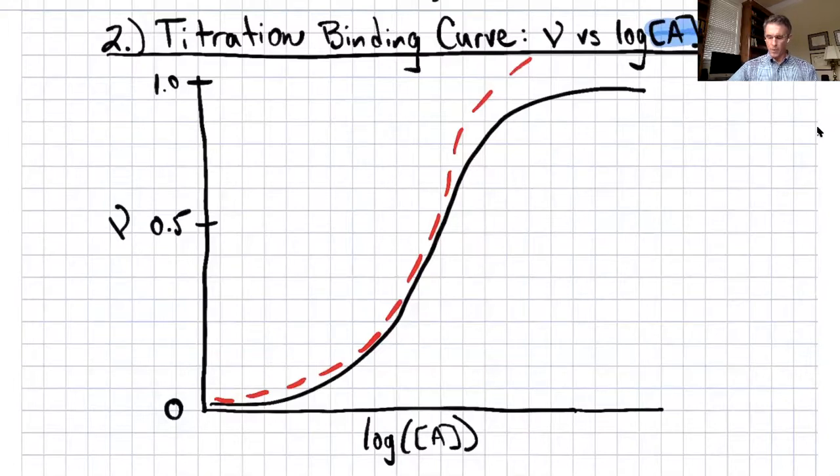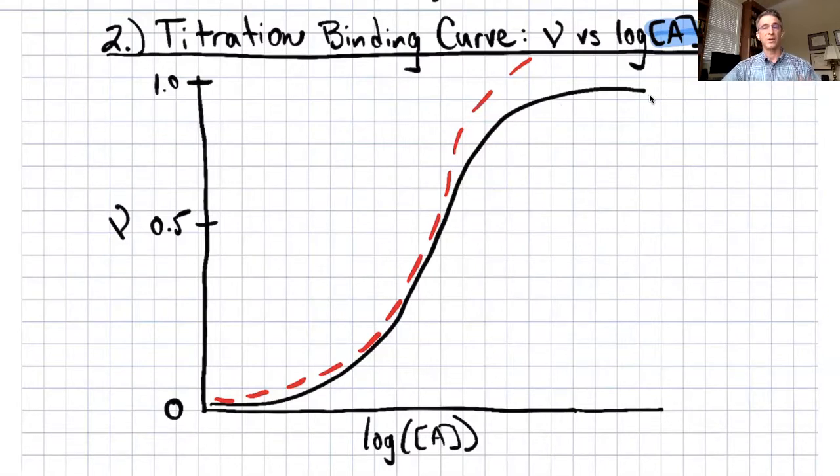At the point where binding should be complete, the sigmoid rolls over and you get this nice clear plateau at the top of the curve, right? If your data is not complete, you have not reached saturation, and this titration binding curve will make that extremely apparent. The curve will not roll over, it'll just keep taking off, and it never quite gets to a very clear plateau.